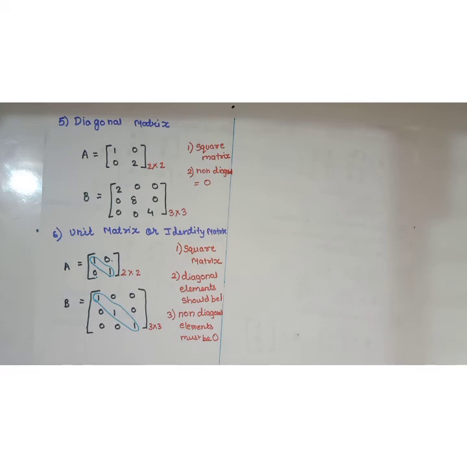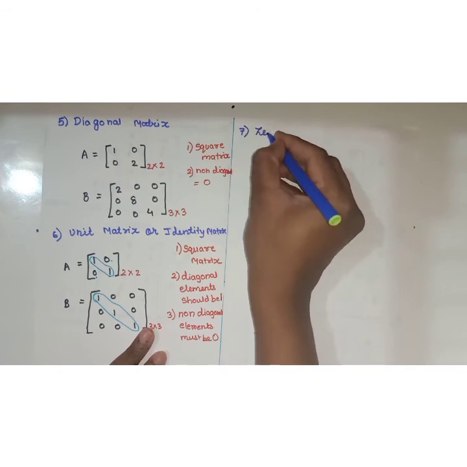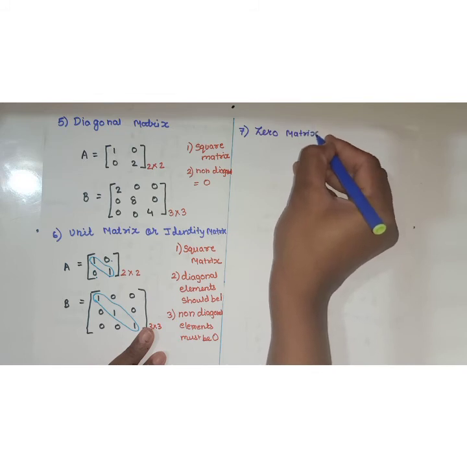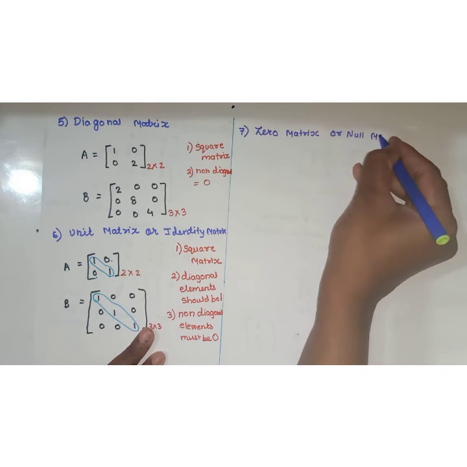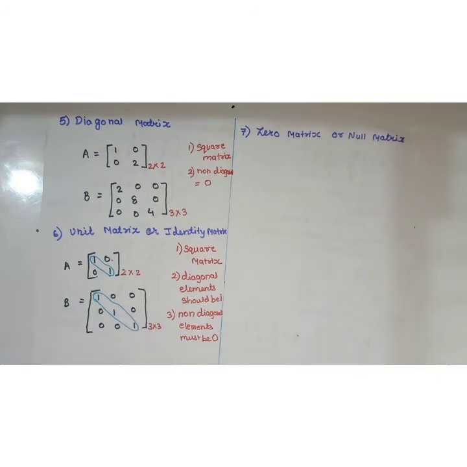Now let's see the zero matrix or null matrix. Zero matrix is also called a null matrix. A matrix in which every element is 0 is called a zero matrix.